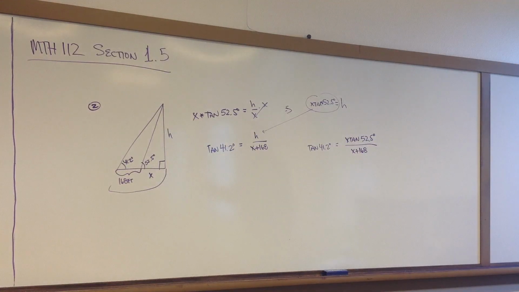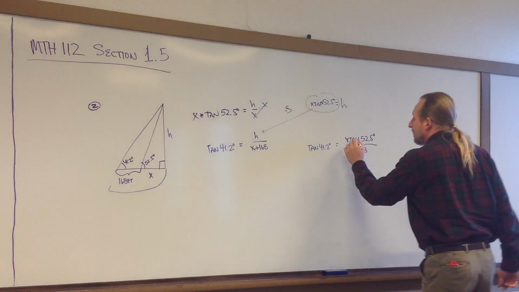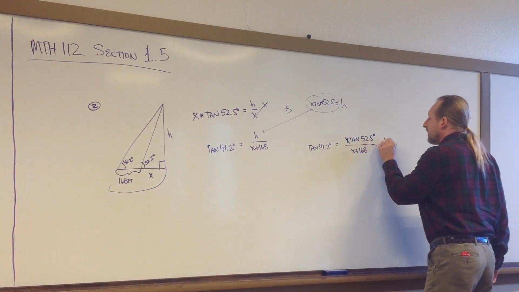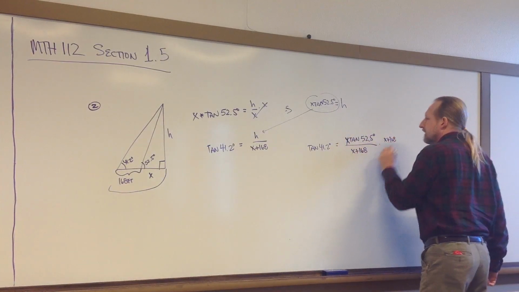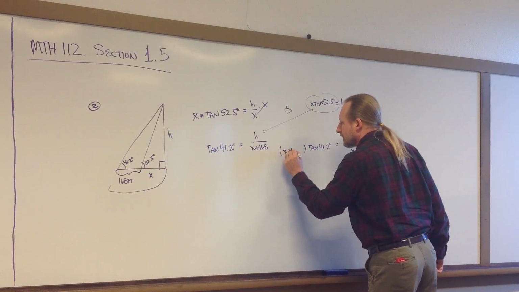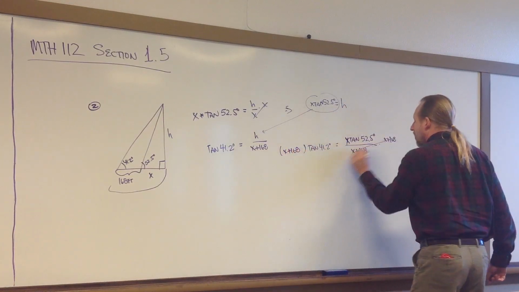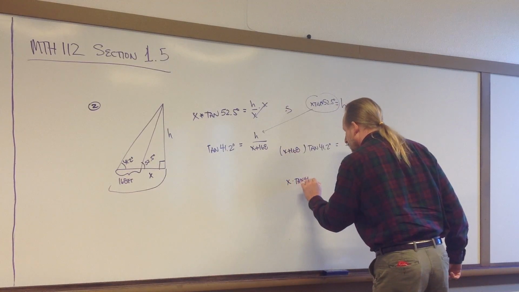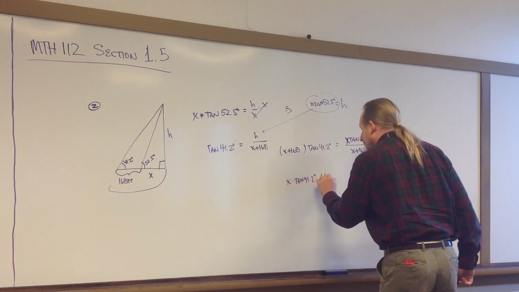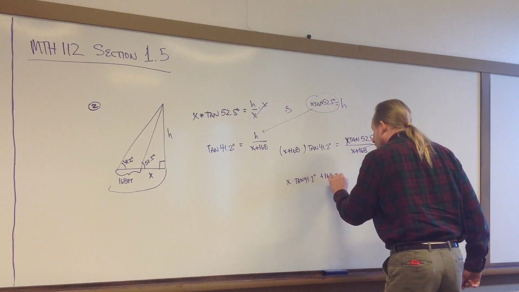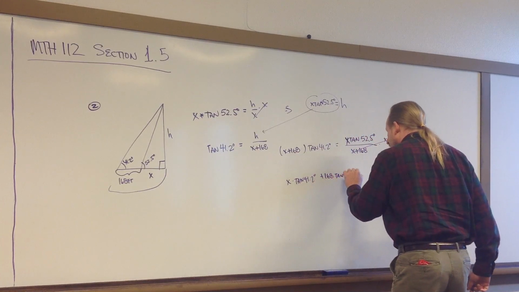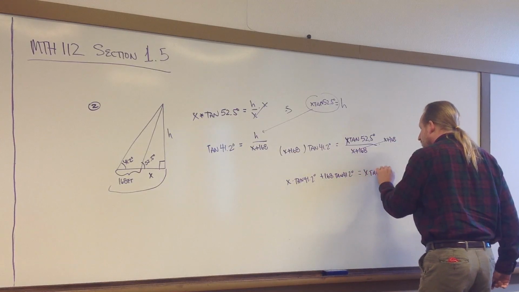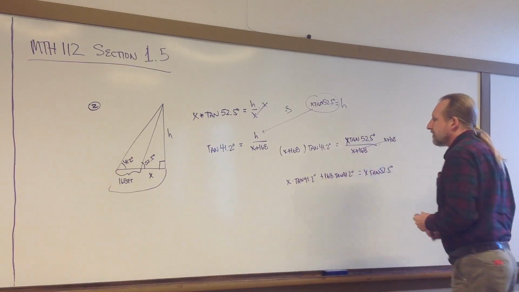Okay, so there's our setup now. We've just got this single variable x that we're going to solve for. To do that, we're going to multiply on both sides by x plus 168. And so then we'll get x times the tangent of 41.2 degrees, plus 168 times the tangent of 41.2 degrees, and over here, x times the tangent of 52.5 degrees.